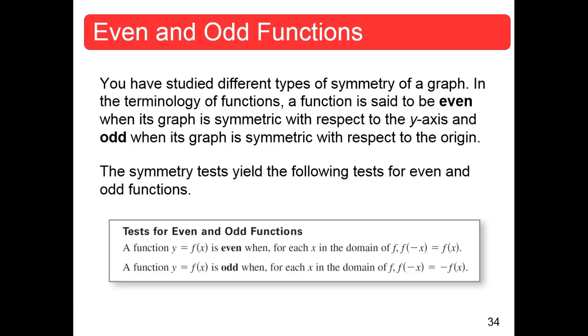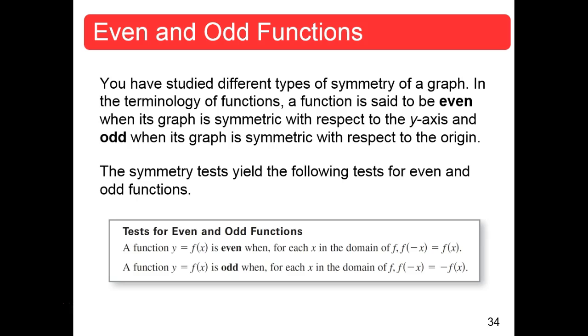So, even when it's symmetric about the y-axis, odd when it's symmetric about the origin. Whatever it does on one side of the origin, it does the opposite on the other side. The symmetry test yields the following test for even and odd functions. Here's all you have to remember.